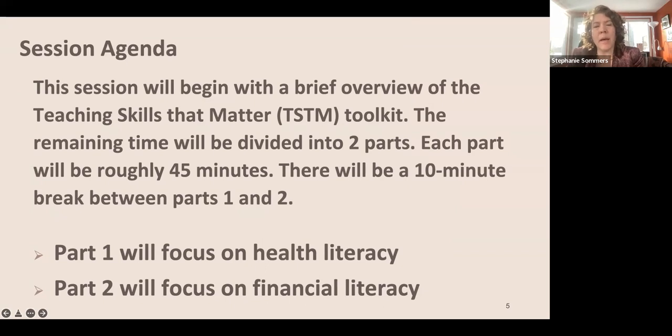We'll spend time in some breakout rooms this morning looking at those toolkit lessons so that in the future, hopefully you will have greater familiarity with them and you'll be able to pull them out and use them. We will quickly go through the health literacy resources, but again, you could access the recording from the November session if you wanted to hear about them more in depth.